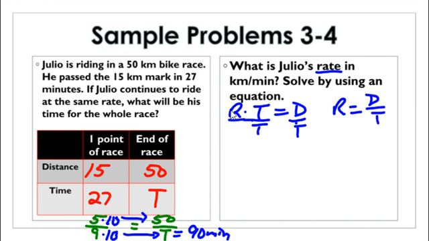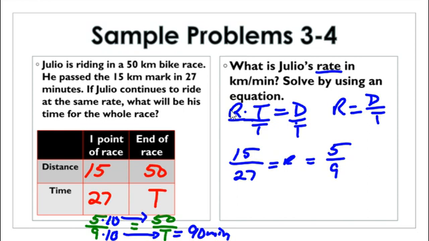And so for the distance that he is going, we'll use the first point of the race. So he went 15 kilometers in 27 minutes. That would be our rate. We can reduce that, and reduced over here it would have been 5/9.